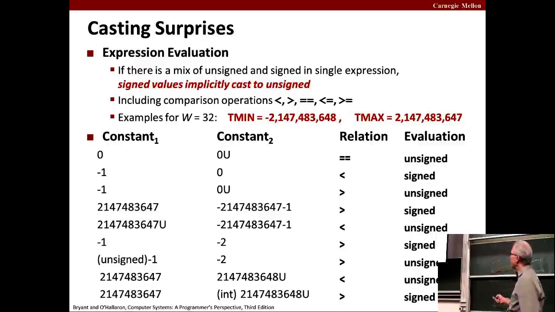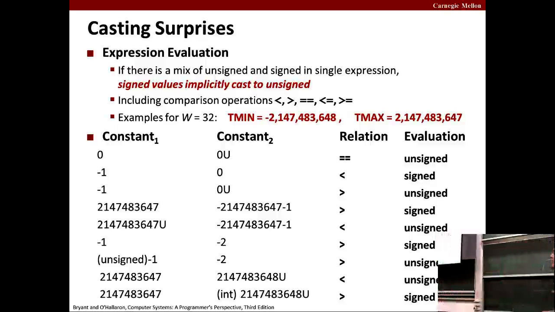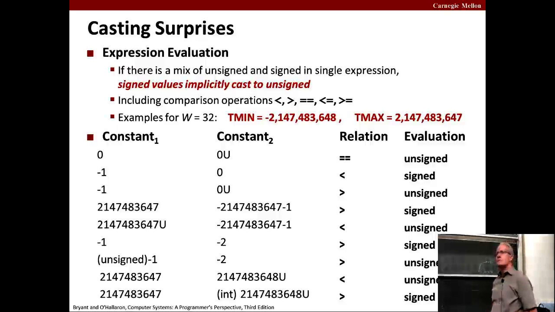And as you see, when you put a u at the end, either lowercase or uppercase, of a numeric constant, you're saying this is an unsigned value. So, for example, if we compare 0 and 0 unsigned, they're equal. And if we compare -1 to 0, we'll get that the first one is less, because -1 is less than 0. But what would happen with the next one when we compare -1 to an unsigned 0? Greater.